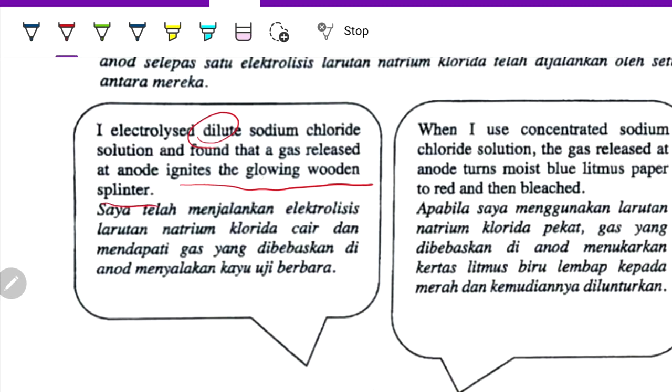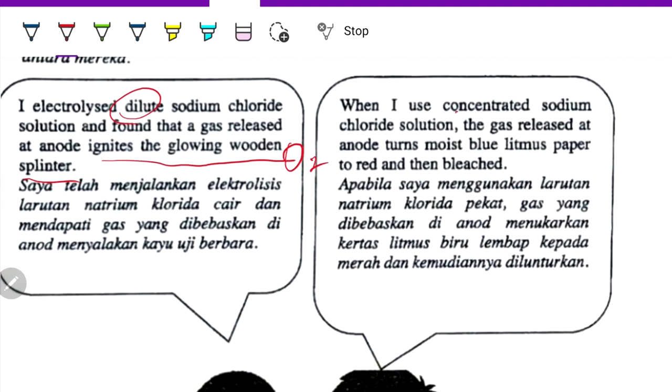This one you have to know is oxygen gas. Then another student says, when I use the concentrated sodium chloride solution, the gas released turns the moist blue litmus paper to red and then it is bleached. So you must know this is chlorine gas.